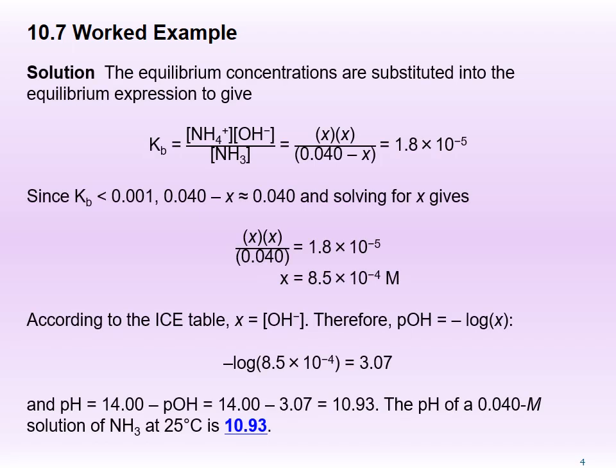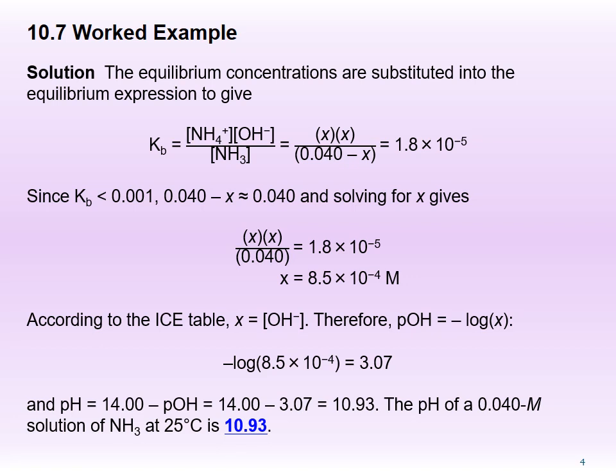Write the Kb expression. It is Kb equals ammonium ion concentration times hydroxide ion concentration divided by aqueous ammonia concentration. The equilibrium concentrations from the last row of the ice table are then substituted into the equilibrium expression of Kb. We get x times x divided by 0.040 minus x.